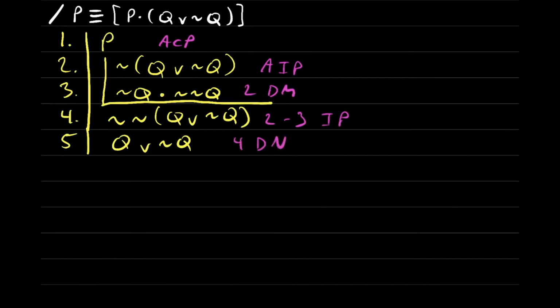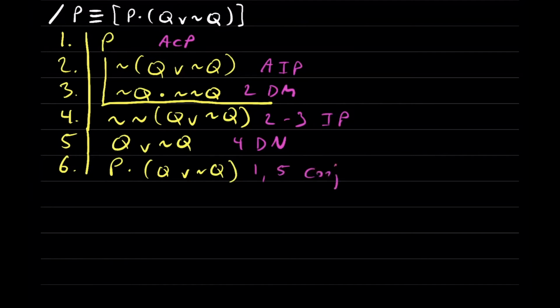Now I said what I'm looking for is P and Q or not Q. Well, I have P from line 1. I've got Q or not Q on line 5. I need to conjoin those together before I can end my conditional proof sequence. So P and Q or not Q from line 1 and line 5 by conjunction.